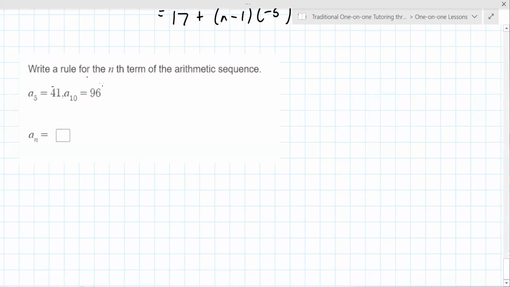Which number is bigger? 96. And then you subtract the smaller number, 41. And then this equals, you have to take this 10 because it goes with the 96, minus this 5 times d.